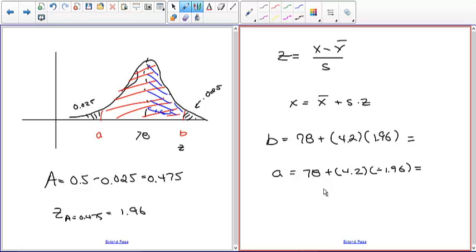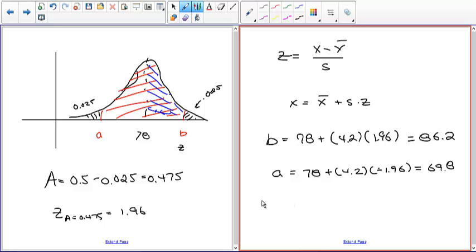So 78 plus 4.2 times 1.96, we get 86.2, and 78 plus 4.2 times negative 1.96 is 69.8.